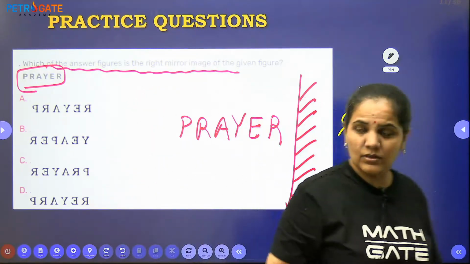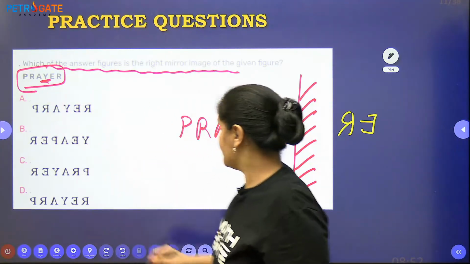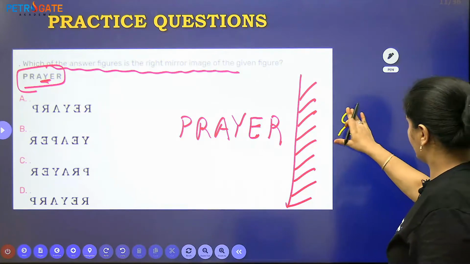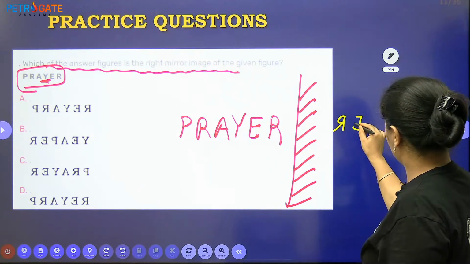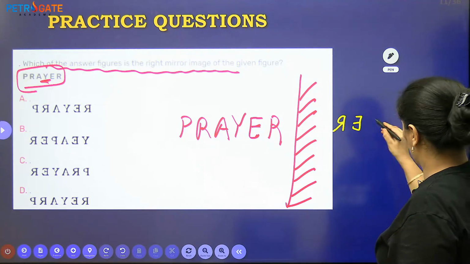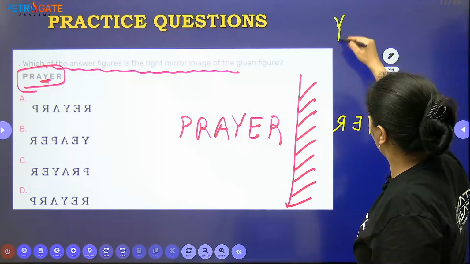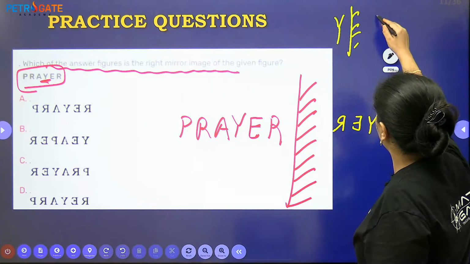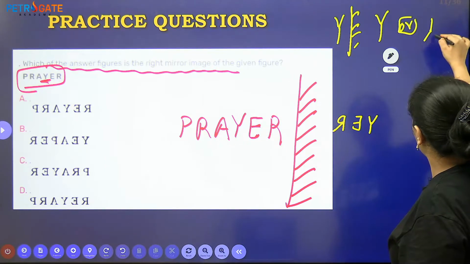When we used to write down Y, the Y is looking like this only, right? So it will be R first. When we go for this one, this will be E. When we go for Y, the Y will be the same. When we go for the mirror image of Y, it will be the same. It doesn't become like this.